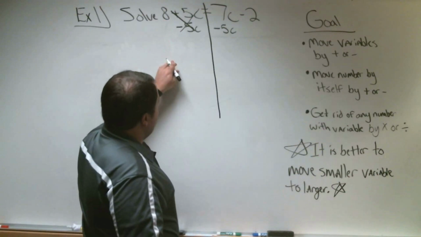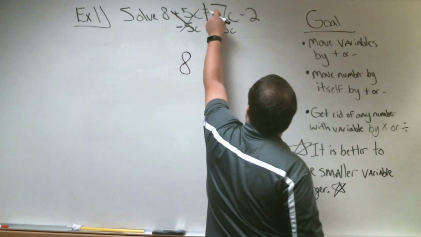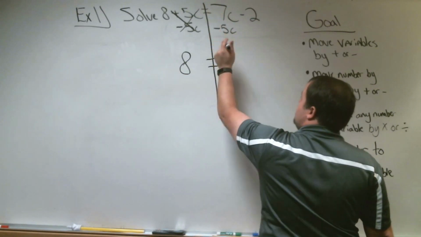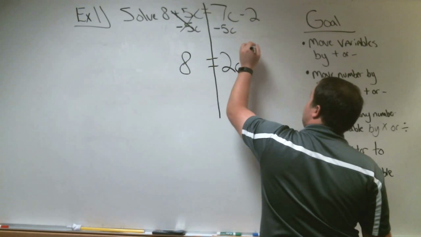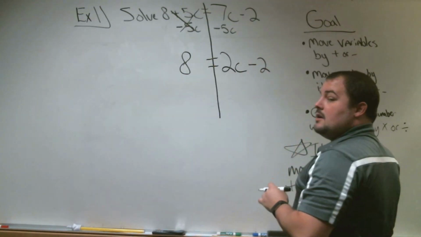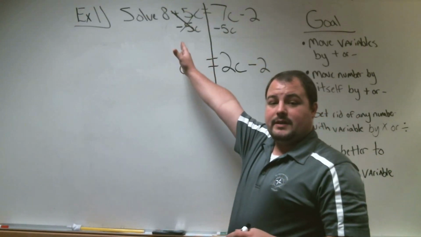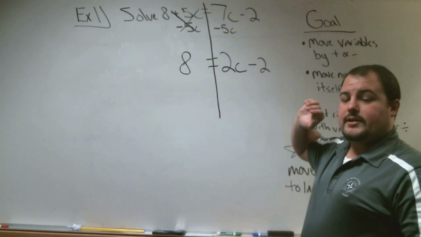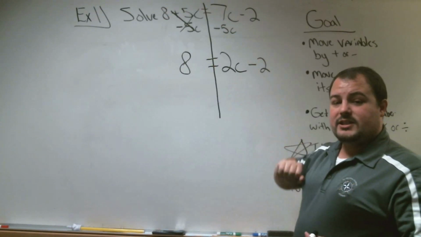But I still have 8, so I'm going to drop that 8 down. Equals, I have 7 c's, and I take away 5 c's, I now have 2 c's. And I'm going to drop this negative 2 down. So if you see what we just did there, we moved the variable from the left side now to the right side. So now there's only one side that has a variable, this side right here.